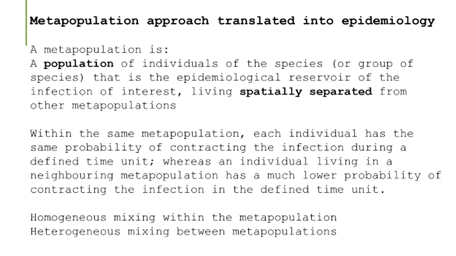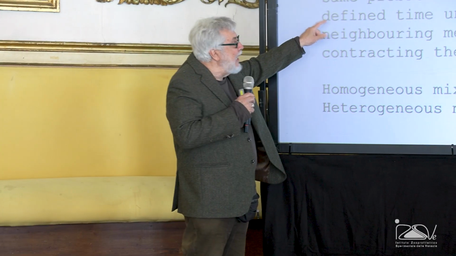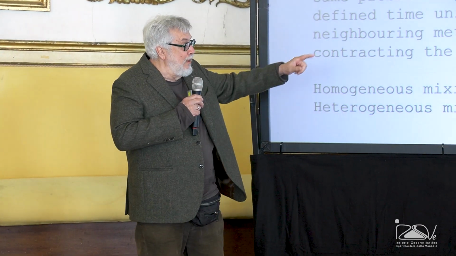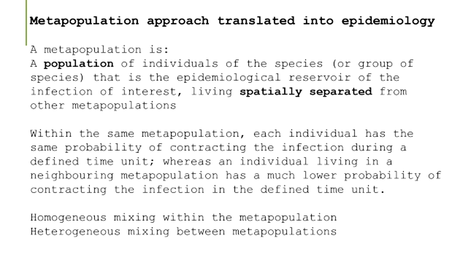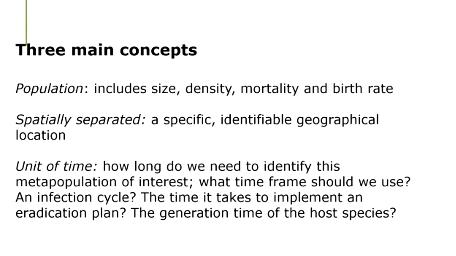Within the same metapopulation, each individual has the same probability of contracting the virus, the infection, during a defined time unit. An individual living in a neighboring metapopulation has much lower probability of contracting the infection in the defined time unit. This concept of metapopulation introduced three concepts: population size, density, and so on; spatially separated, a specific identifiable geographic location; and unit of time.